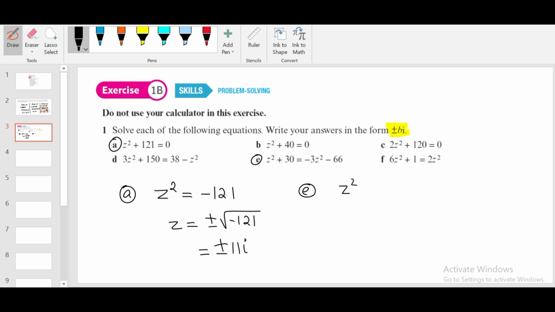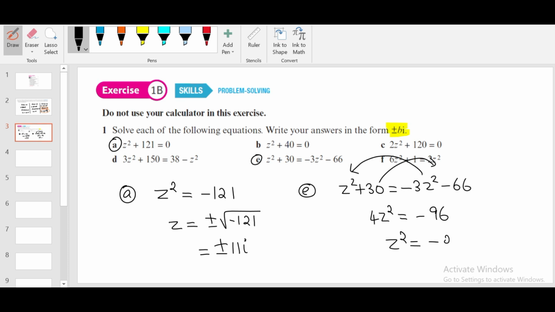For example, E now. You have z² + 30 = -3z² - 66. Put this number here, 30, to this side. z² + 3z², 4z², is equal to -96. So divide by 4, you will get z² is -24, if I'm not wrong.